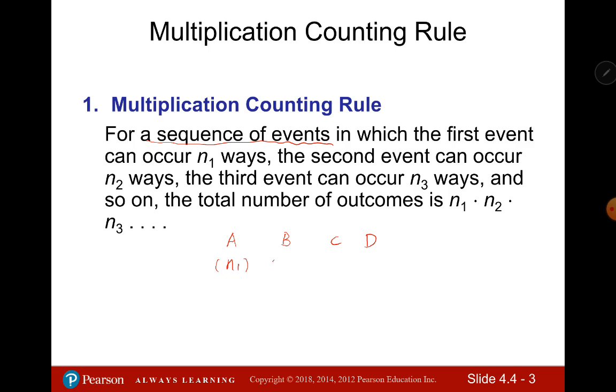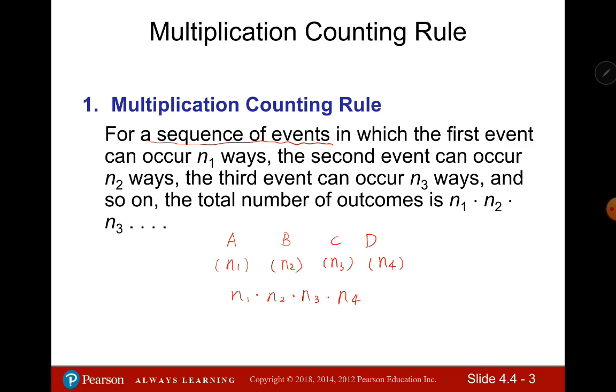And the second one, event B, can happen in n2 ways. Event C in n3 ways. And event D can happen in n4 different ways. If we want to know the total number of outcomes, it should be n1 times n2 times n3 times n4.